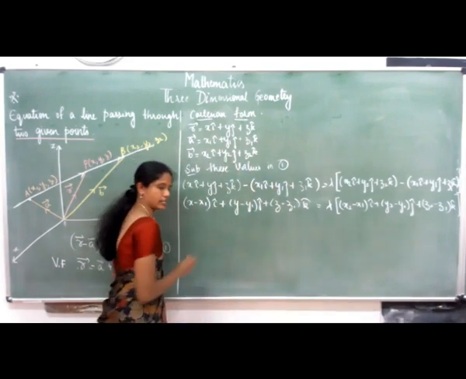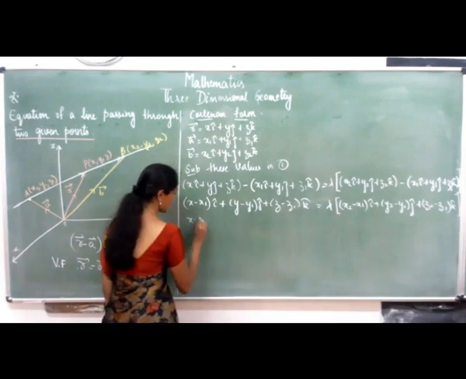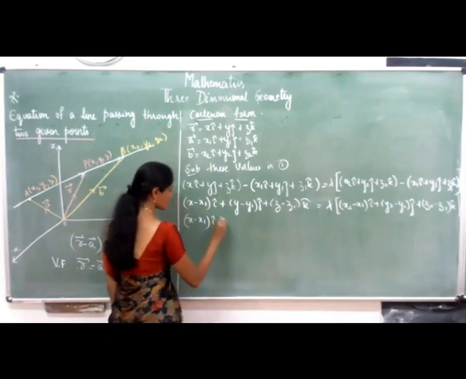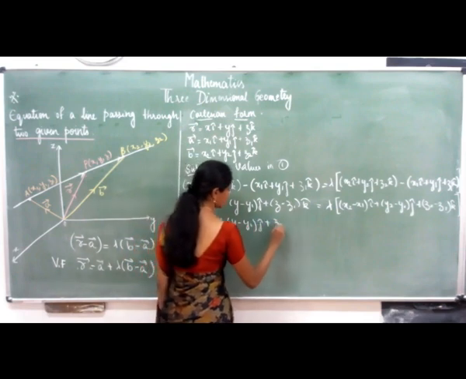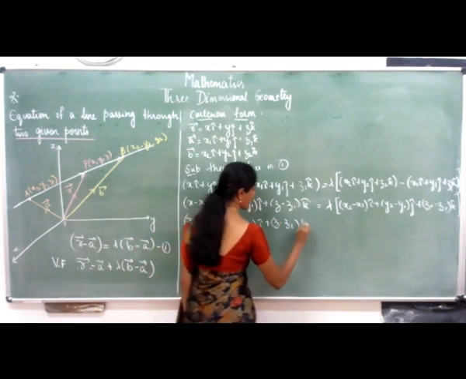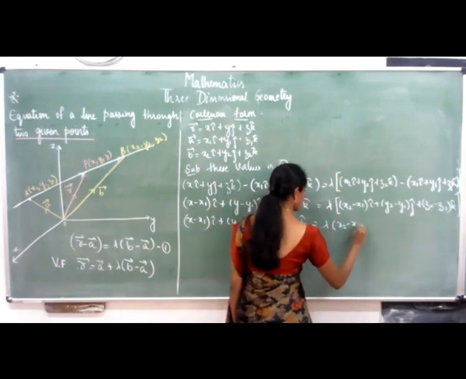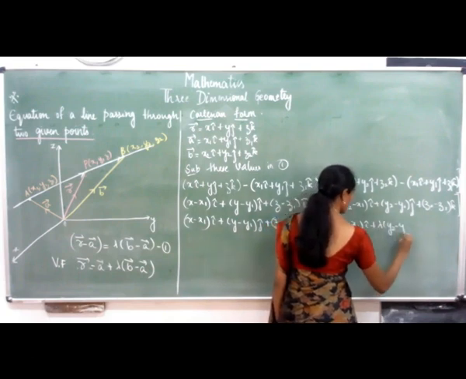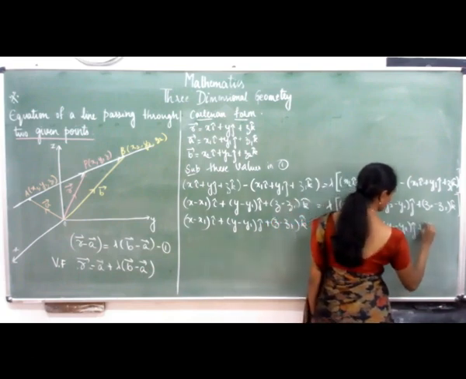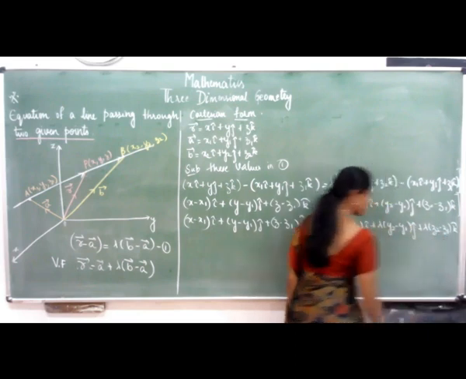Okay, in the right hand side, let us multiply the lambda inside. So we have in the left hand side x minus x1 i cap plus y minus y1 j cap plus z minus z1 k cap, which is equal to lambda times x2 minus x1 i cap plus lambda times y2 minus y1 j cap plus lambda times z2 minus z1 k cap.